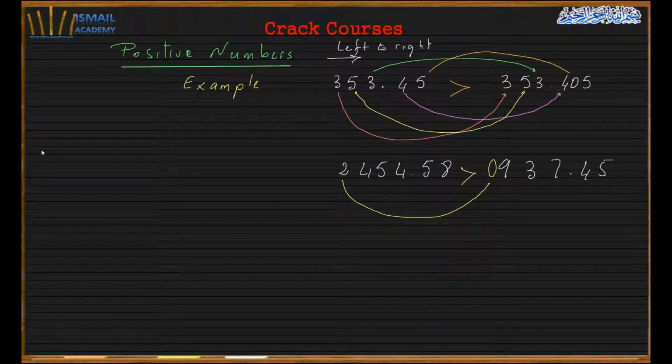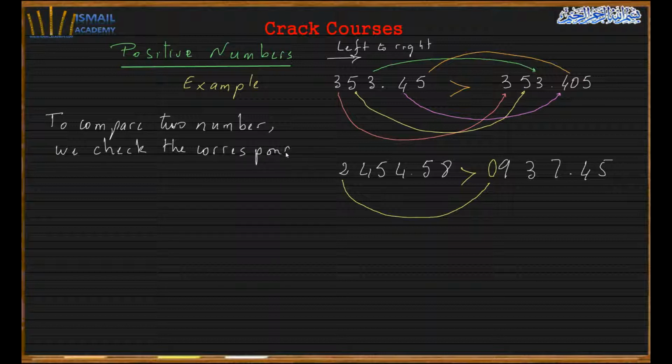To compare two numbers, and here we're talking about positive numbers, we check the corresponding place value digits from left to right.